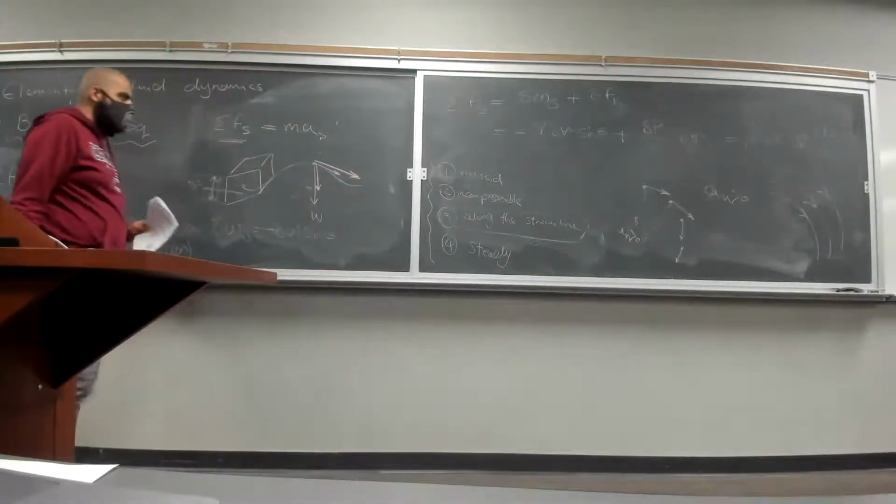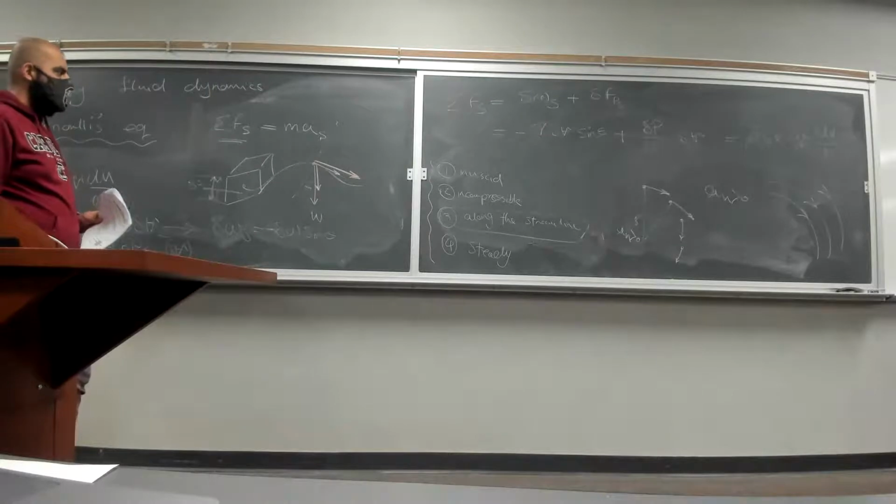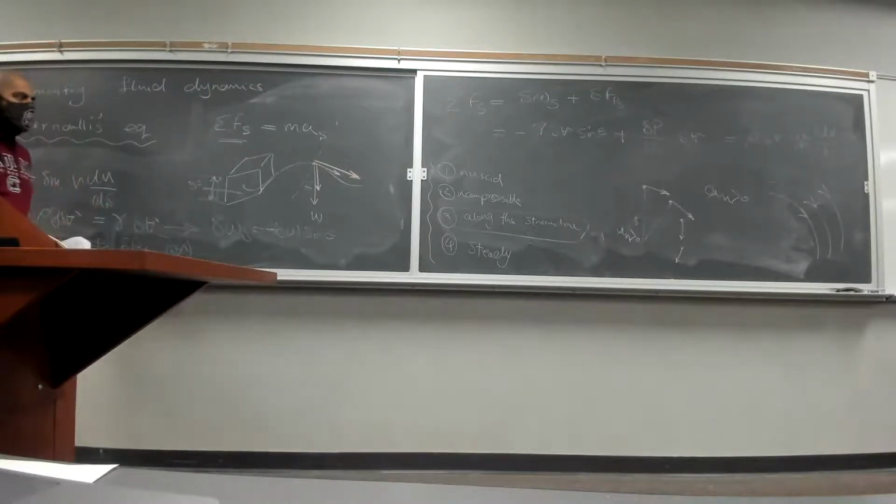The other assumption we could make here is that we are moving in the horizontal direction, which means that the sine... or let's not make the assumptions for now. So what are we going to have?